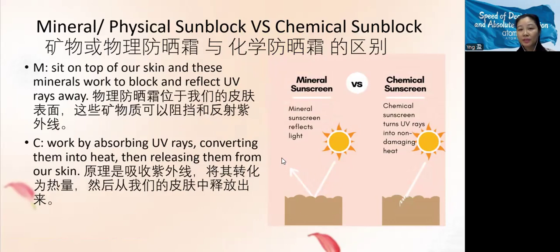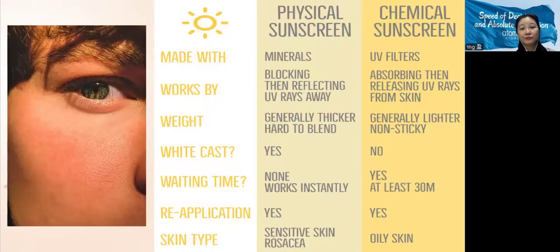Minerals will reflect, whereas chemicals will be absorbed, converted to heat, and then released from our skin. And the difference is that physical or mineral sunscreen is made with minerals, whereas chemical sunscreen is made with UV filters.